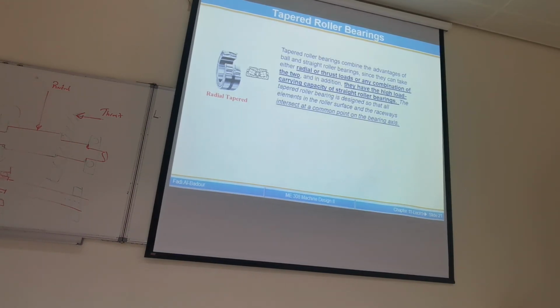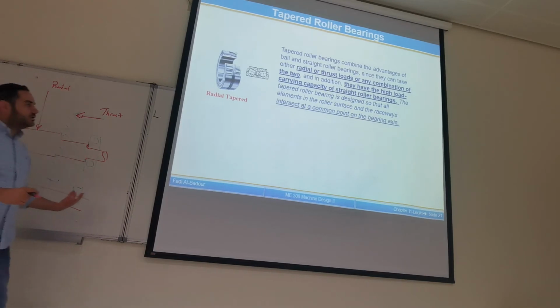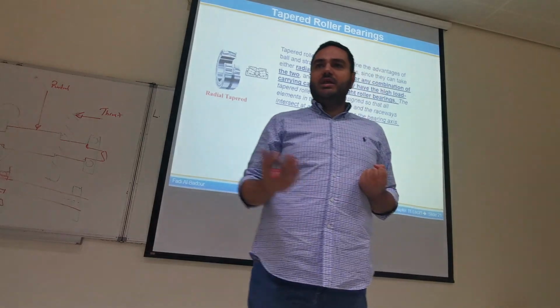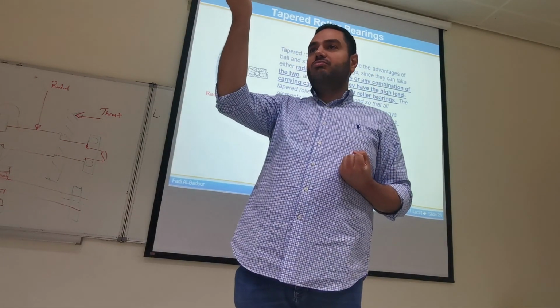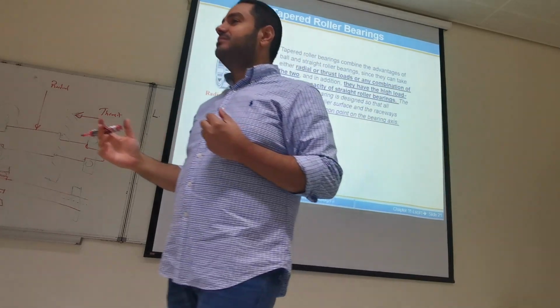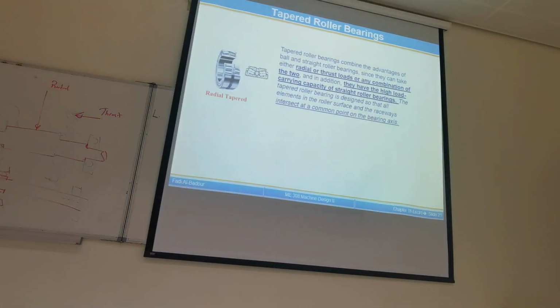So the tapered roller bearing combines the advantage of the cylindrical roller bearing, which has high radial load capacity because we have a line contact, and the ball bearing that can carry combined load. So this is the tapered roller bearing. And tapered roller bearing actually has much higher thrust capacity as compared to the ball bearing.